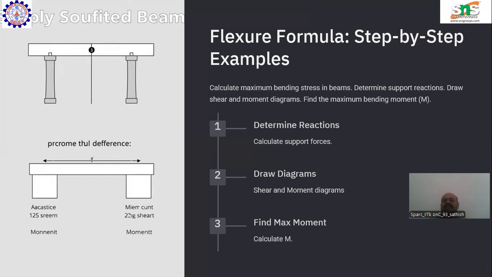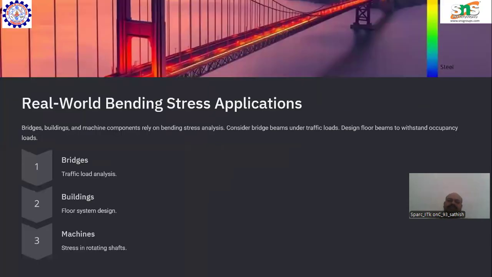After finding RA and RB, we need to calculate the bending moment and draw the shear force and bending moment diagrams. From the bending moment diagram, we can calculate the maximum bending moment of the particular beam with the load. With that maximum bending moment, it is possible to find the bending stress using the flexural formula.